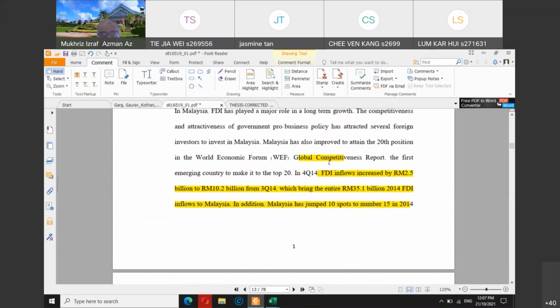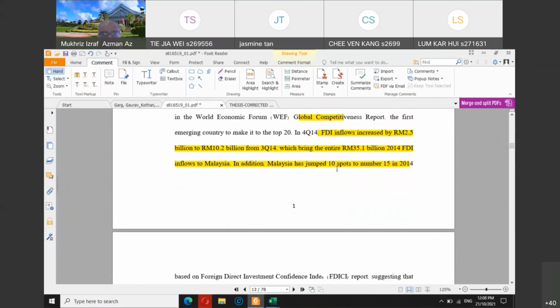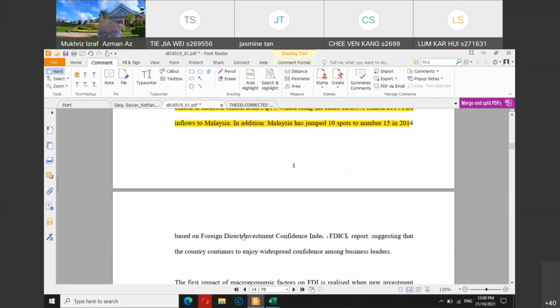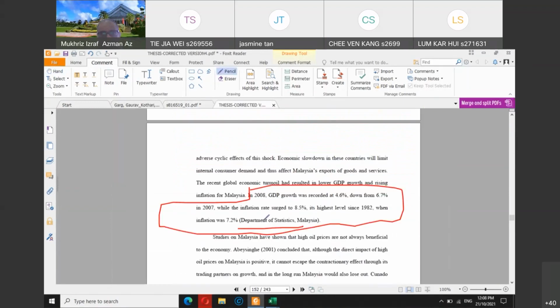But don't forget that whenever you provide numbers, you must provide the references, or where the source comes from, whether it's from an economic report, the statistics department, or a newspaper article. In this thesis, the statistics came from the FDI Confidence Index. In my own project, I cited from the Department of Statistics Malaysia.